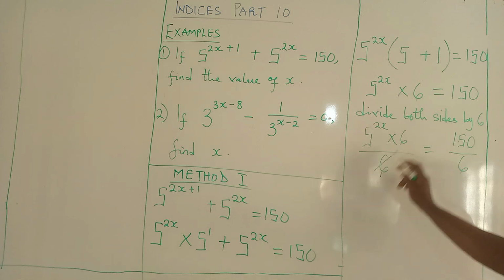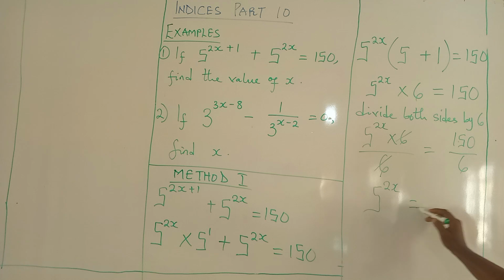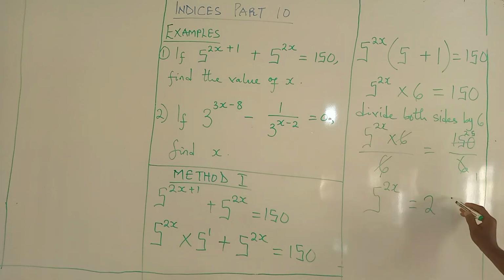And so this 6 will cancel this 6. You'll be left with 5 raised to power 2x. 6 cancels itself. 1 goes into 15 two times, remaining 3. Carried and added, it becomes 30. 6 goes into 30 five times, so that's equal to 25.